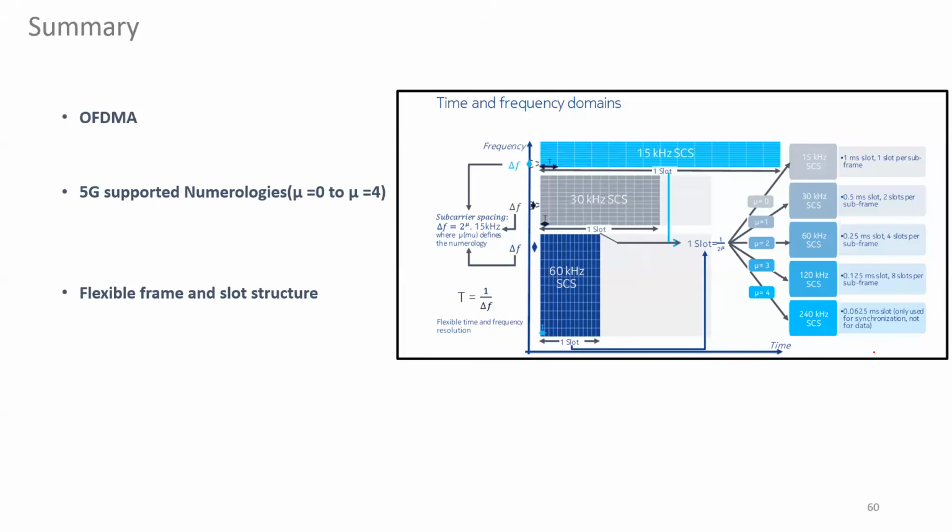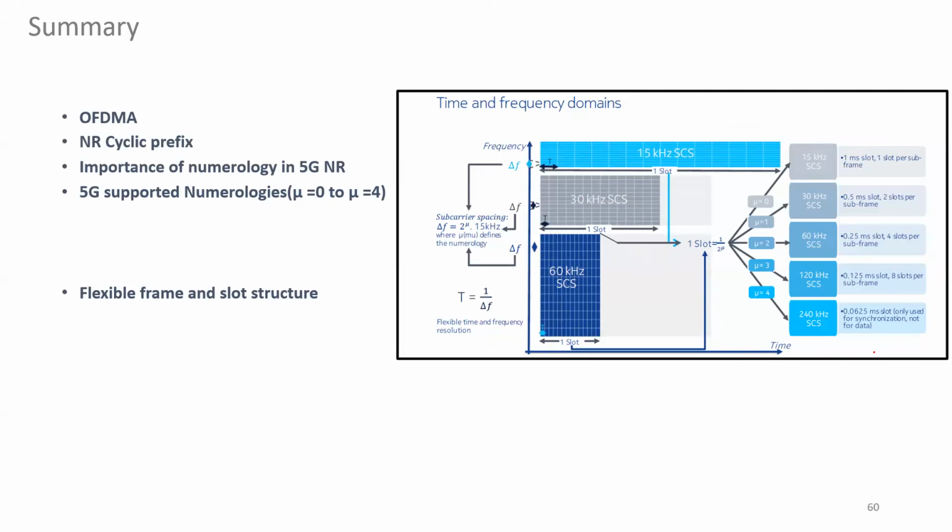In summary, we have identified 5G new radio numerologies from 0 to 4. We looked at the frame structure and how that might change with each numerology, and how it influences the slot size or the length of the slot as well. We have seen the makeup of the frame: you choose your band, that band has a knock-on effect on the numerology, and that numerology has a knock-on effect on your frame structure.